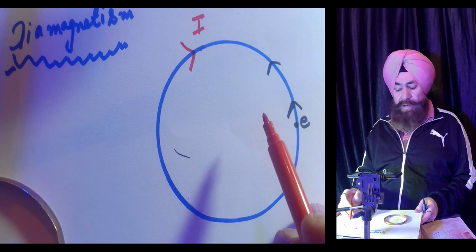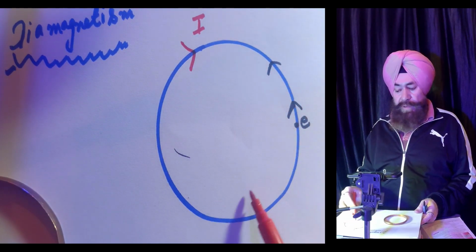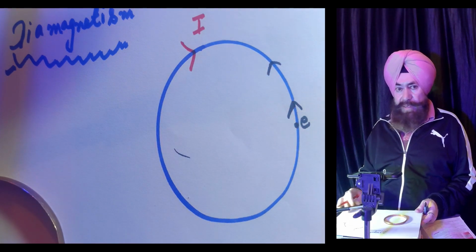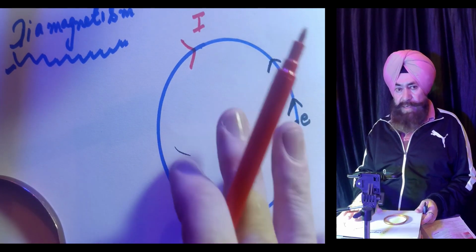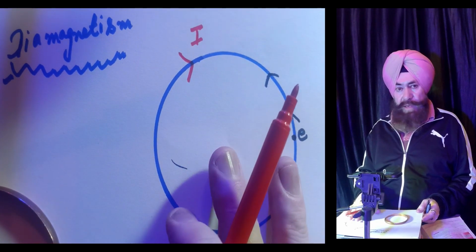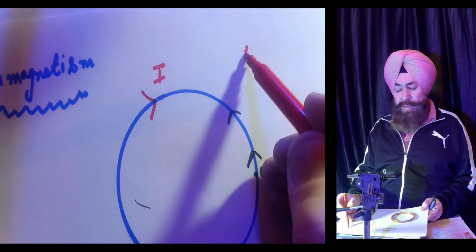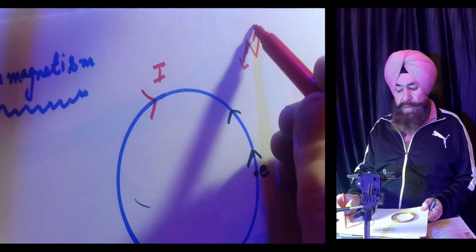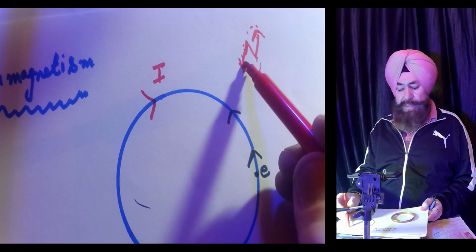Now you know very well when the current circulates, this loop behaves like a magnetic dipole. It becomes a tiny magnet, having a North Pole and a South Pole. Put the arrow like this.